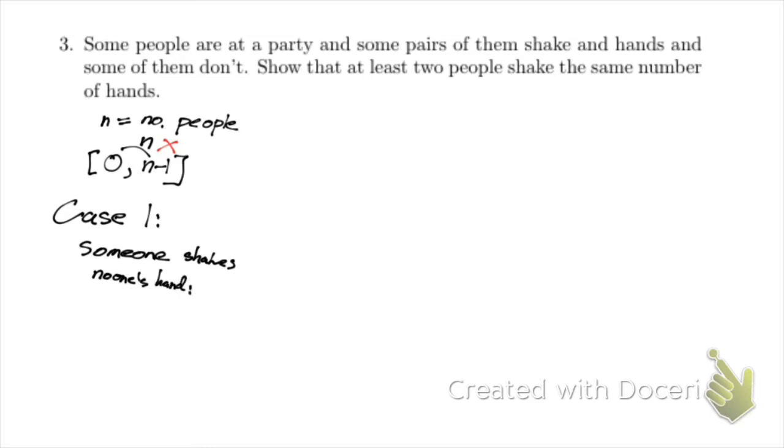Okay, so in this special case where there is someone at the party who shakes nobody else's hand, someone who's not very friendly or who's socially isolating or something like that, what does that exclude? Well, it excludes the possibility that there's someone who shakes everybody's hand. There can't be someone who shakes everyone's hand. Why is that? Well, that's because they would have to shake the hand of the person who shakes no one's hand, and that's a contradiction.